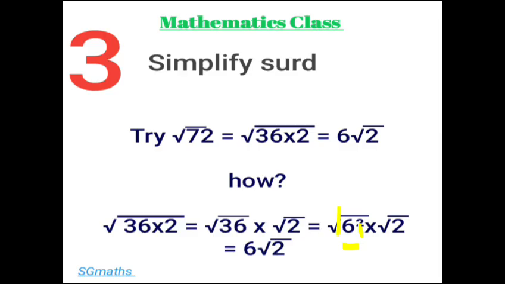When you have square roots and squares, they are like inverse of each other, so they will give you 1. That is, they will just give you raised to power 1, and anything raised to power 1 is that same number. So root will cancel the square, and then we are left with 6. So multiply by 2, and that's why we have 6 into root 2. I believe we understand that.